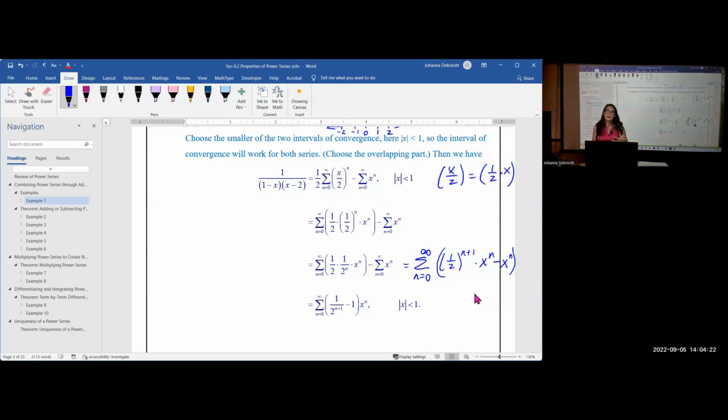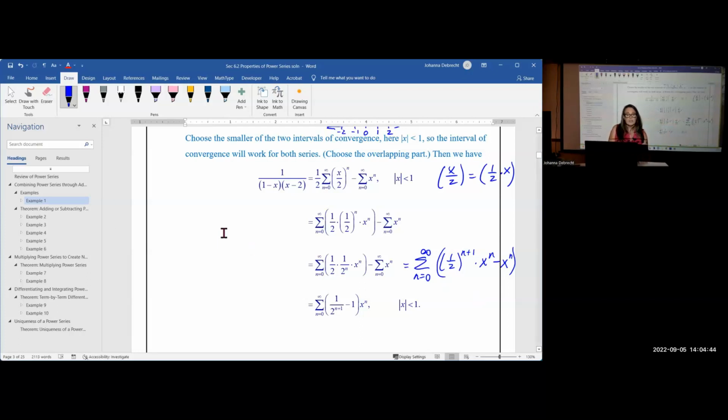So we've created a new power series for a rational function by writing it as the sum or difference of 2 power series that we know converge. And because we know they converge, we're allowed to push them together into one power series.